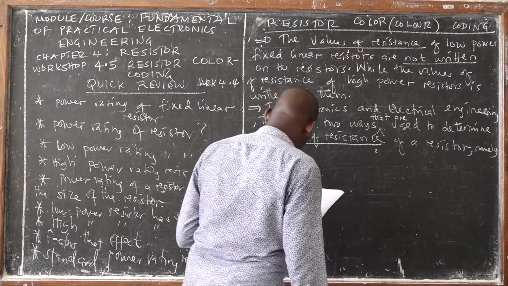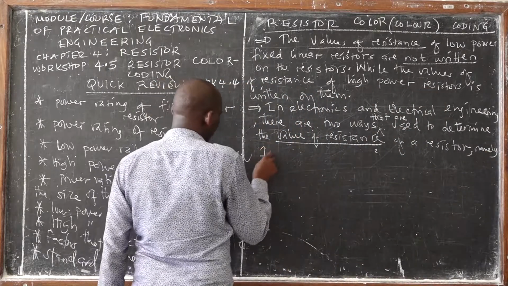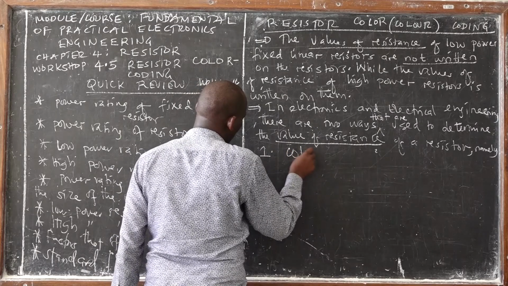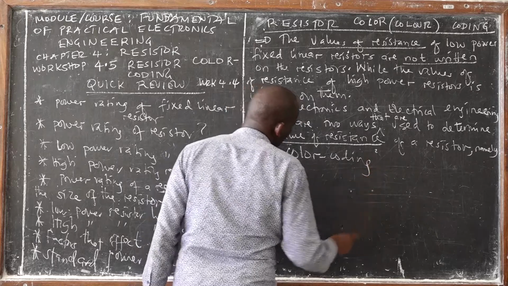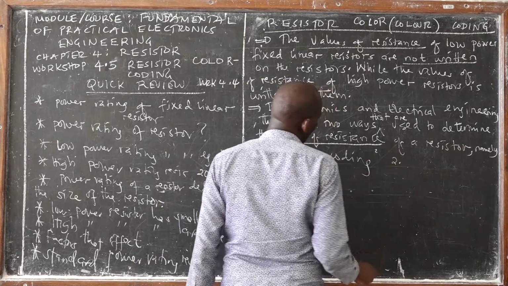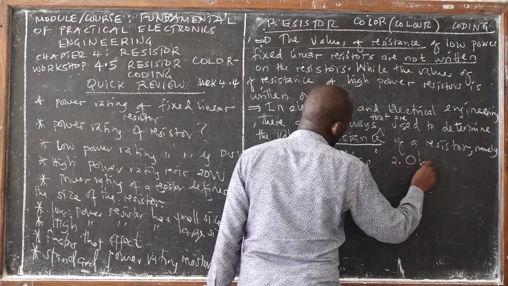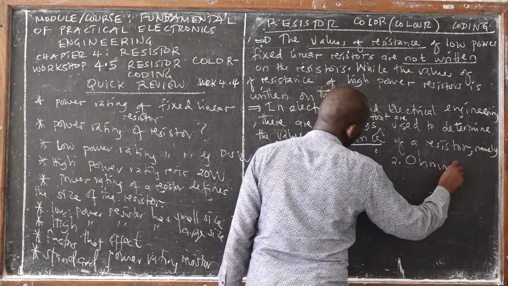Namely, we can determine the value of resistance by using color coding, or by using a measuring instrument.